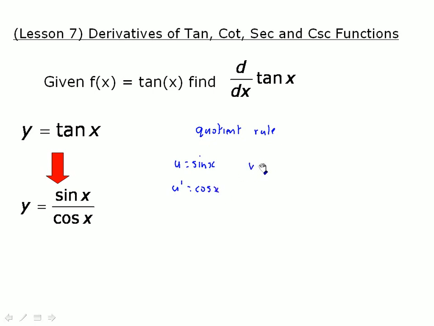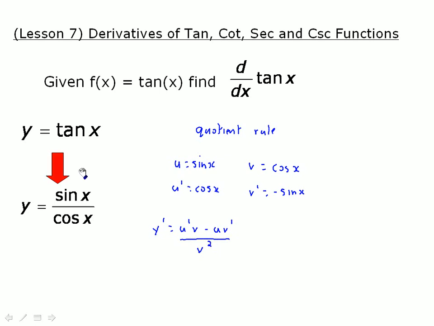And then v is equal to cos x, so v prime is equal to negative sine x. And as you recall, y prime is equal to u prime v minus u v prime, all over v squared.